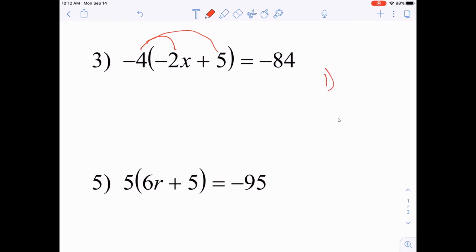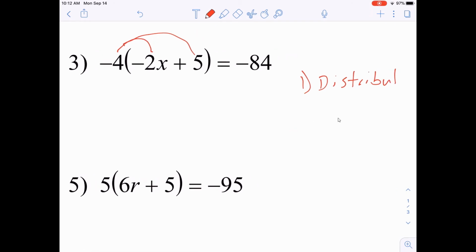So our first step is to distribute. Negative 4 times negative 2 is positive 8. The x comes with it. Negative 4 times positive 5 is negative 20. Notice how the plus sign changed to a negative sign.